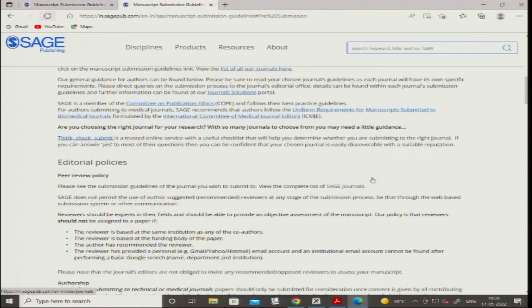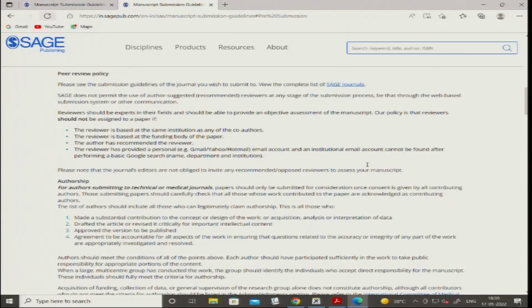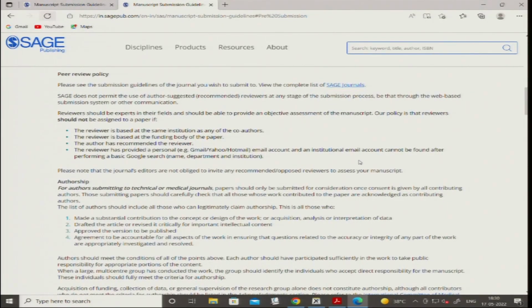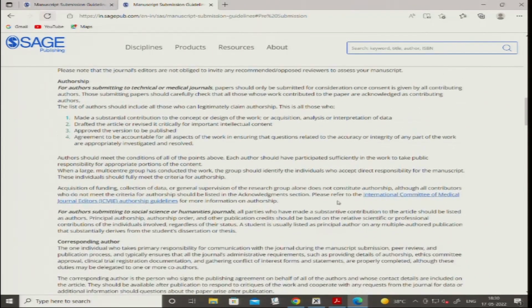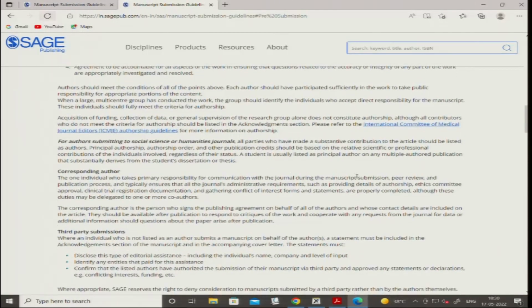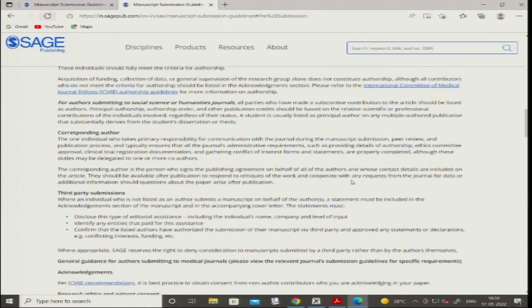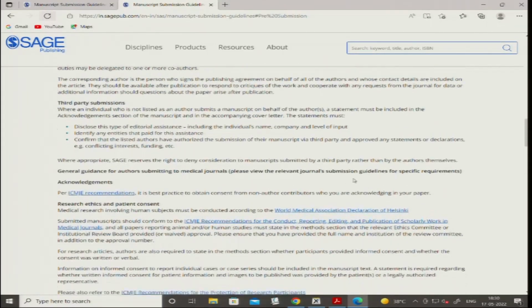Okay, so an author must read all these things. For submitting to technical or medical journals, there are different norms. Journal editorial board and guidelines are there, the corresponding author and the role of the corresponding author, right, and what a third party submission is. So these are the recommendations.